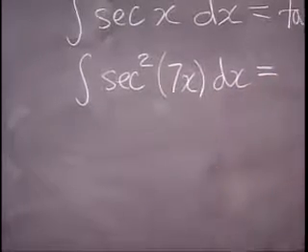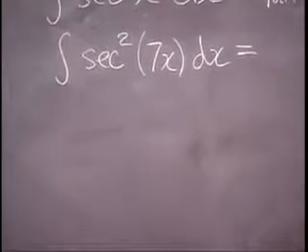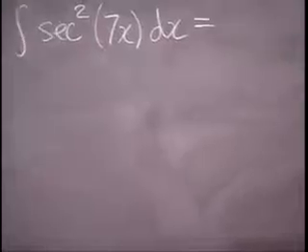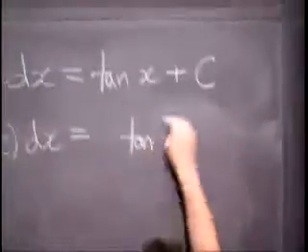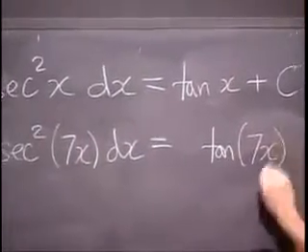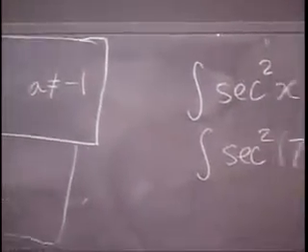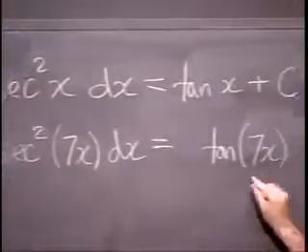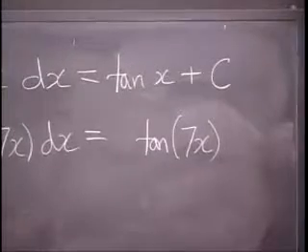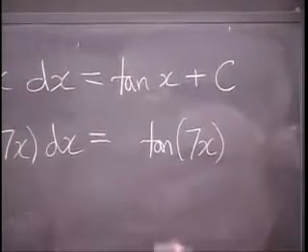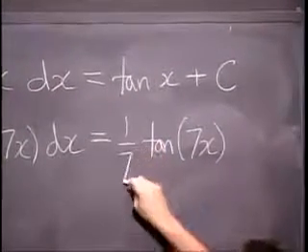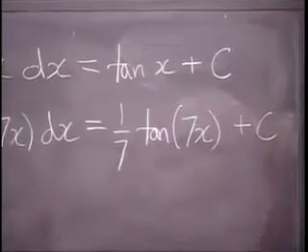Okay, you can do this by substitution, which I'll do in a little while, as I said, but actually, you can do it without substitution. What happens if you differentiate tan 7x? It's just a multiple of x, so the 7 comes out. The derivative of this would be 7 secant squared 7x. We have to kill that 7 by dividing.